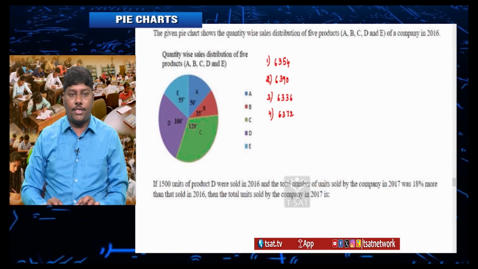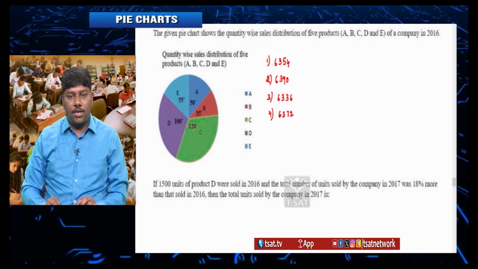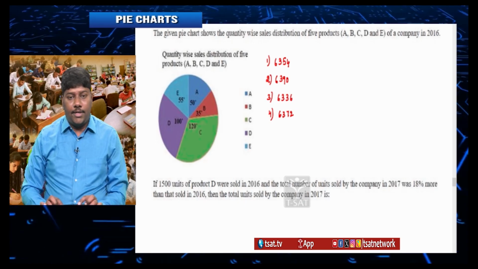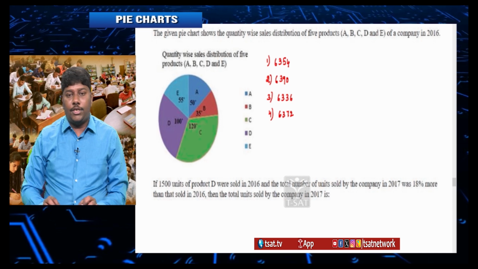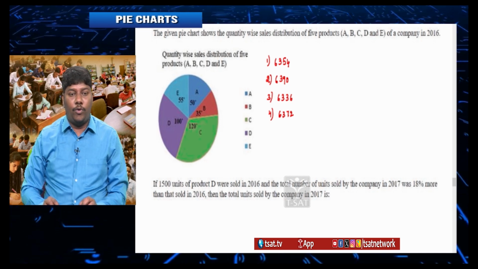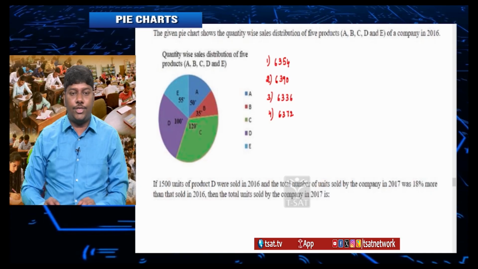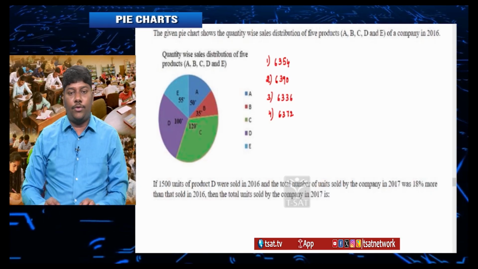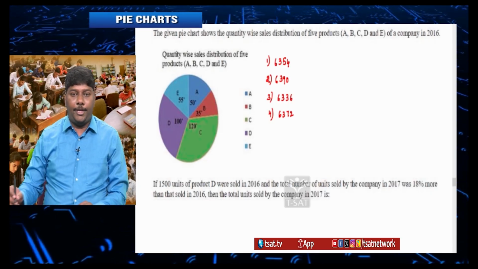That 100 degrees is actually what? 1500 units sold by the company. He is asking you the total number of units sold by the company in 2017, which was 18% more than sold in 2016.